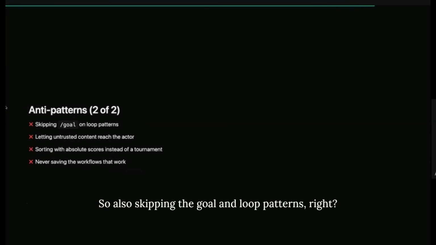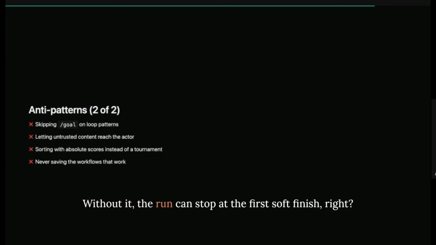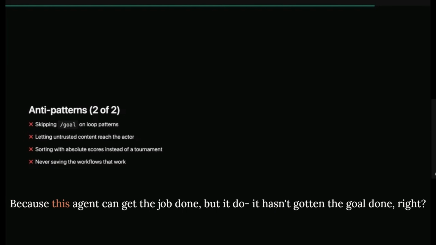Also, skipping the goal and loop patterns, right? If you skip the goal on the loop patterns, then you're not going to get the end goal, right? Without it, the run can stop at the first soft finish, because this agent can get the job done, but it hasn't gotten the goal done, right?